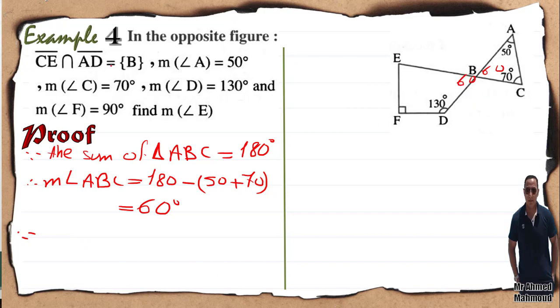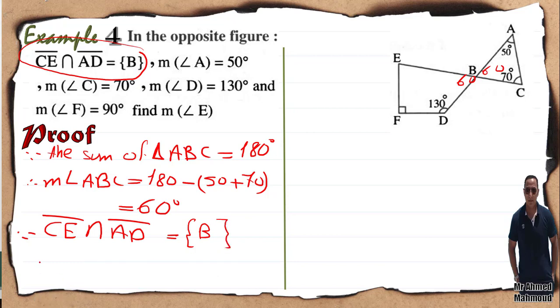Since AD intersects CE at B, therefore measure of angle EBD equals 60 degrees, or equal to measure of angle ABC equals 60 degrees, VOA.